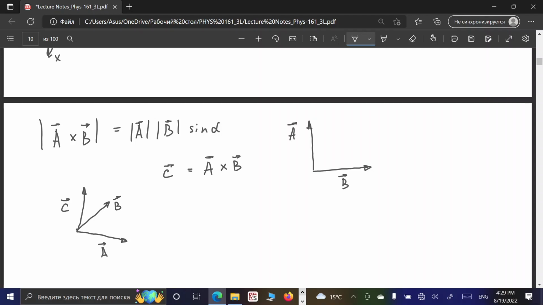So it will be the opposite direction from the initial case. Please remember: you can flip vectors in a dot product, and that doesn't make any difference. But in a cross product, that gives the opposite direction of the result.